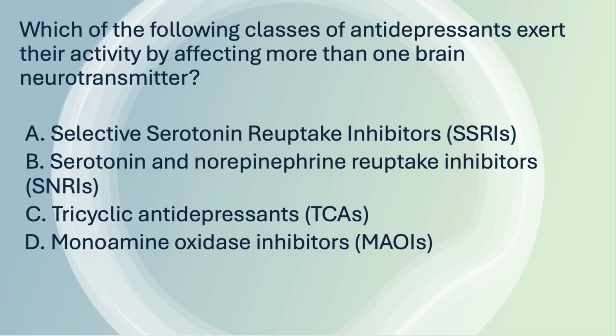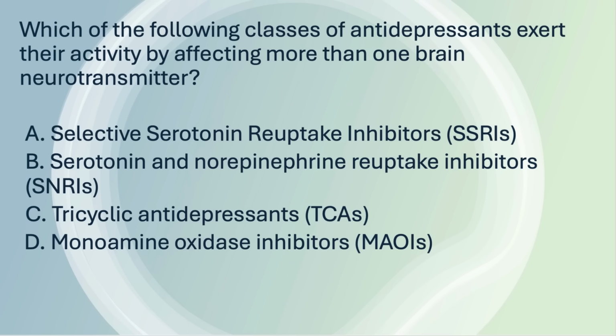Amitriptyline you still do somewhat. If you're looking at this, I would automatically say my choices are either A or B, because even though it says tricyclic, you might think they're exerting only one. Tricyclic antidepressants.